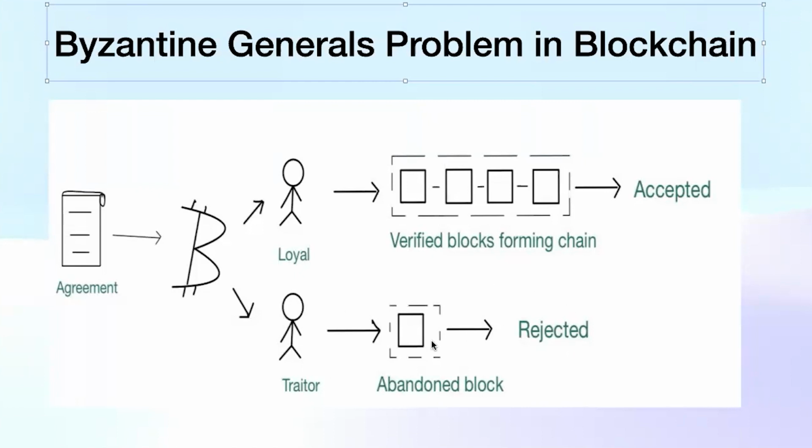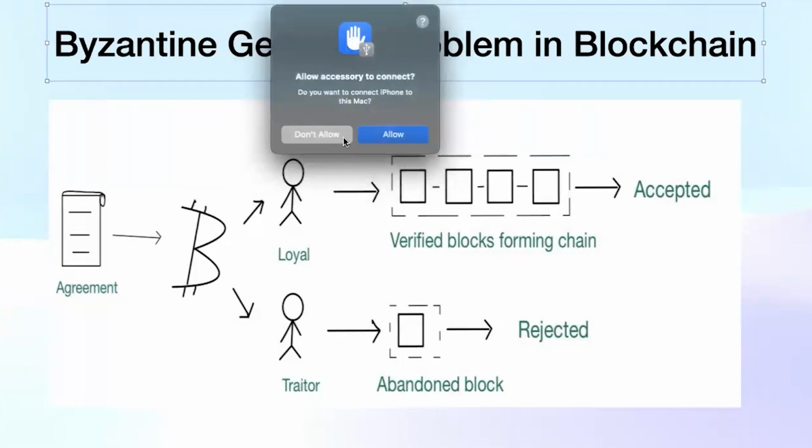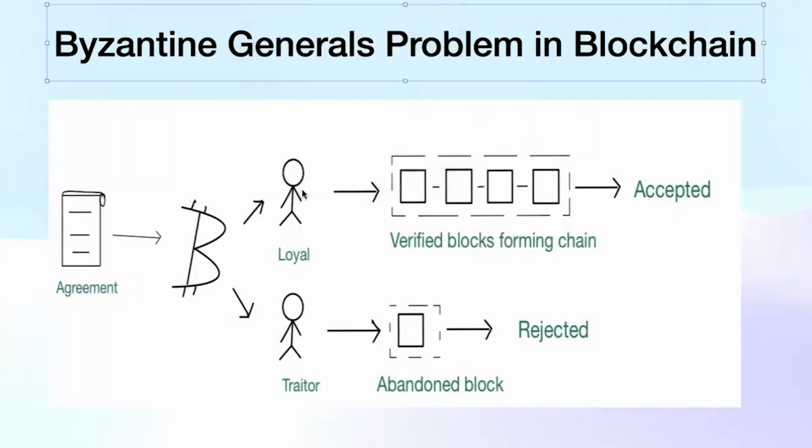In general, the block is abandoned and all the transactions are reverted. And whenever a loyal block is formed and accepted, that agreement is done through the consensus algorithm of voting that we saw in the previous slide.